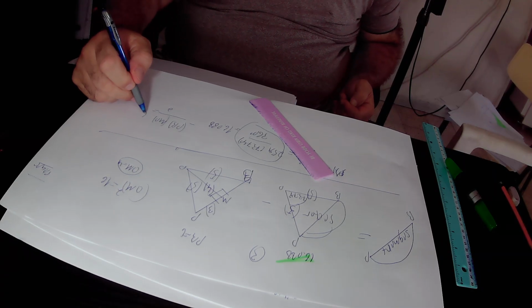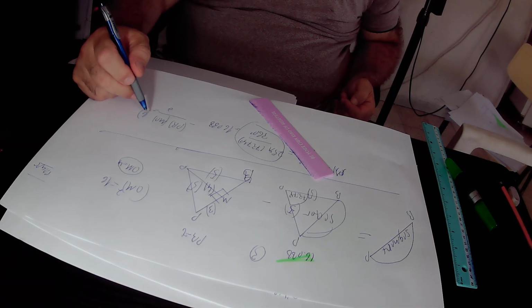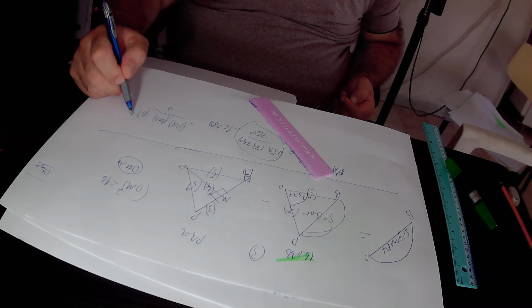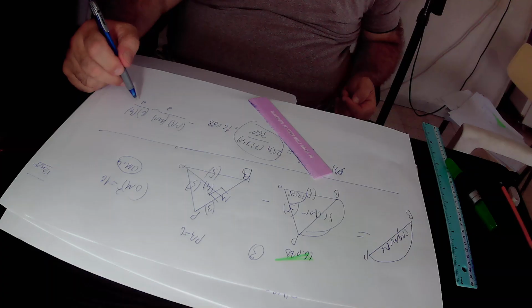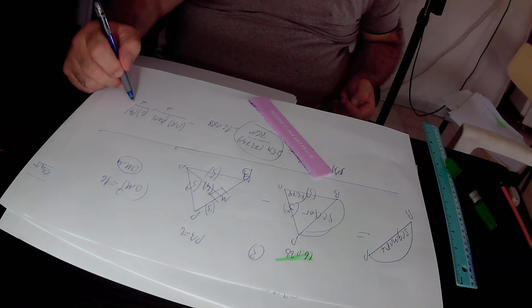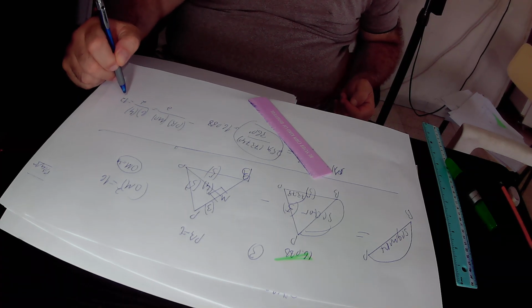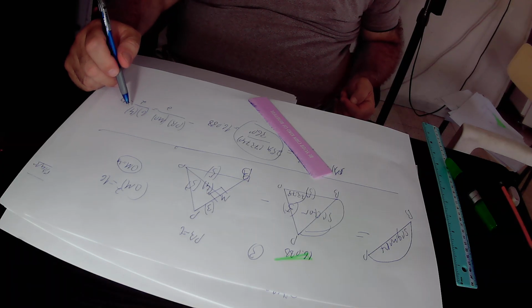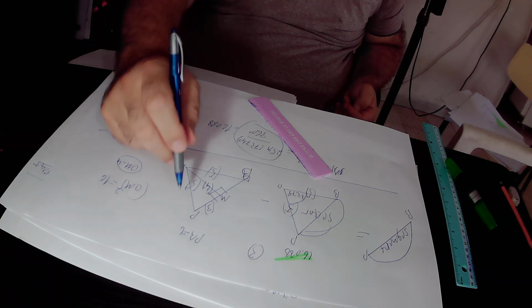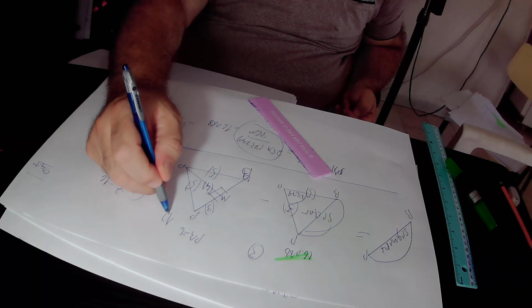PB is 6, MO is 4, divided by 2. 4 over 2 is 2 and 2 times 6 is 12. So in total, we found out that the area of this isosceles triangle OPB is equal to 12 square units in size.